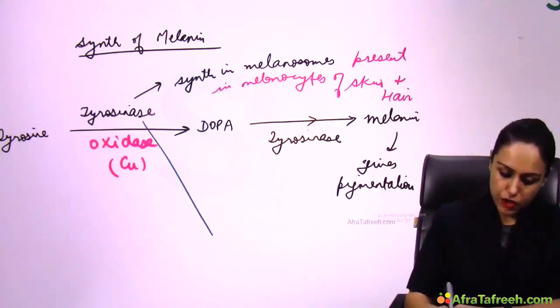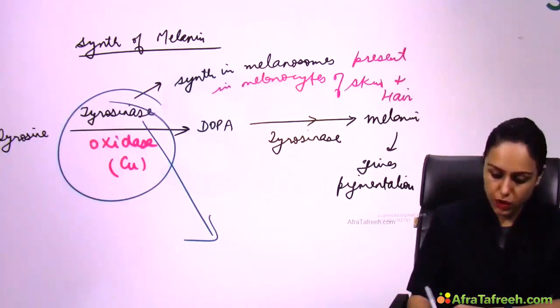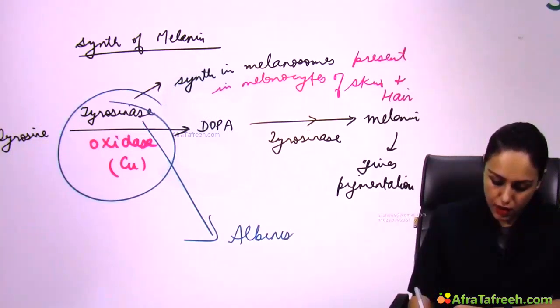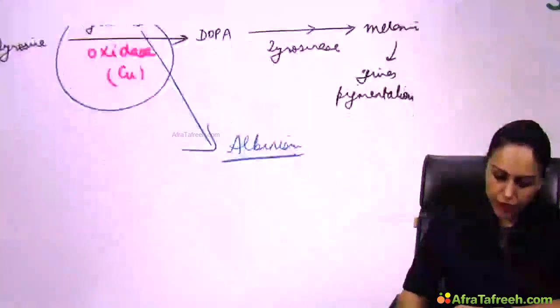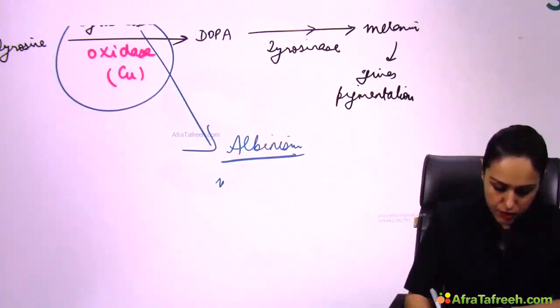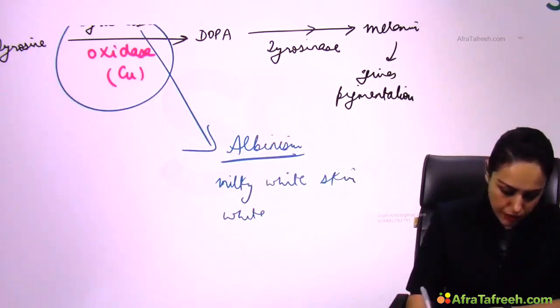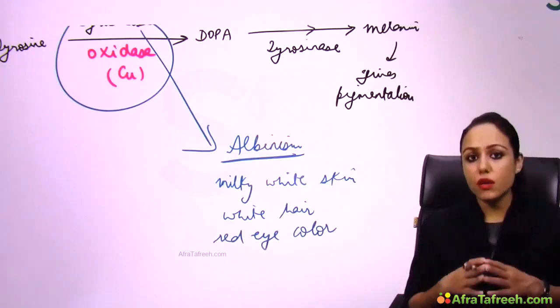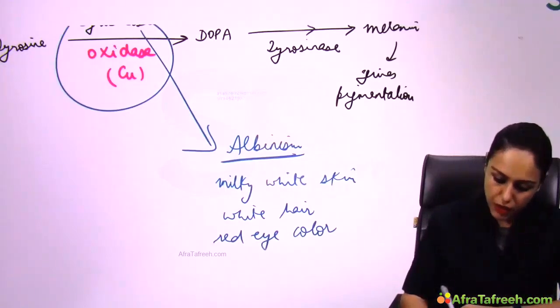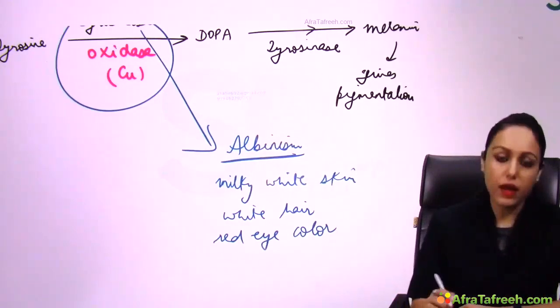You know that deficiency of this enzyme tyrosinase causes the disease albinism. In albinism, the patient has milky white skin, white hair, and red eye color. In phenylketonuria, it was fair skin and blue eye color, but here it is milky white skin, white hair, and red eye color.